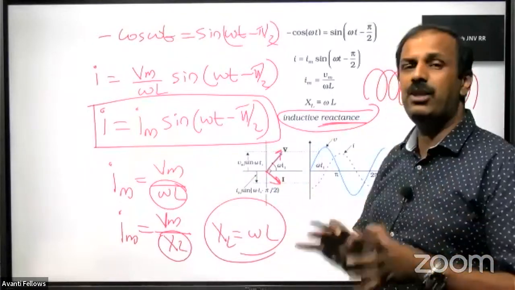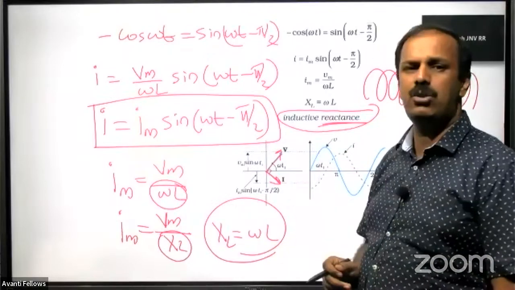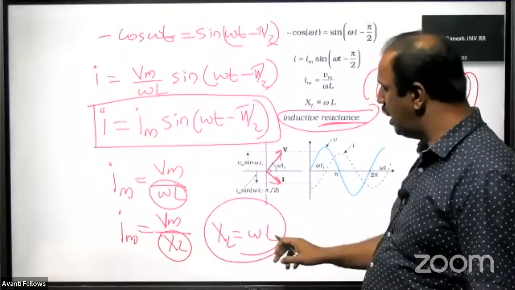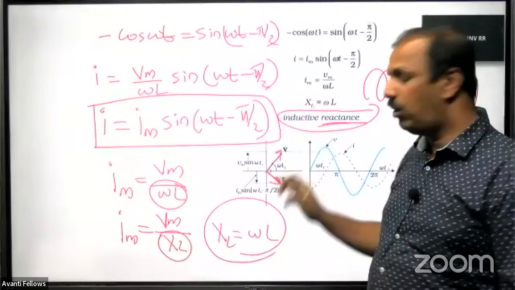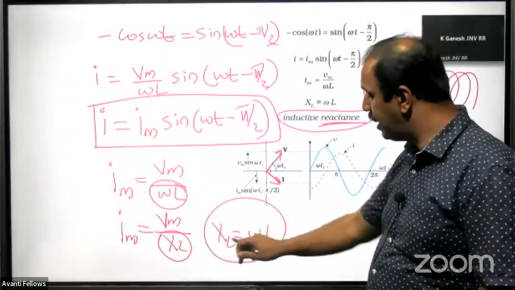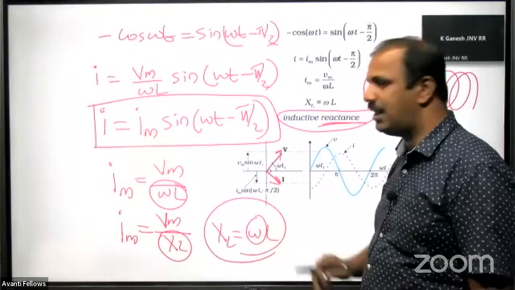It is an opposition to AC. And you see here that reactance depends on the frequency also. XL is equal to omega L, so when omega increases, XL also increases.